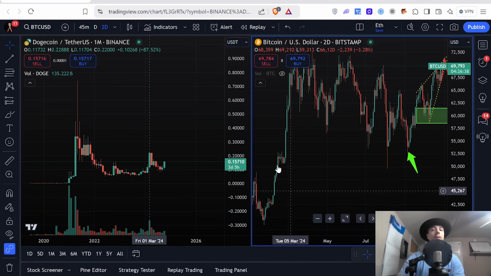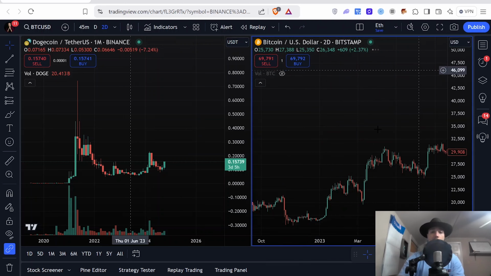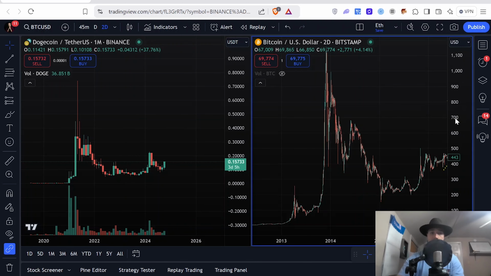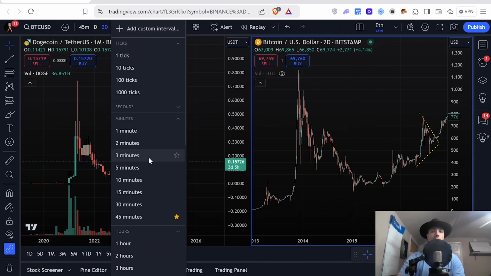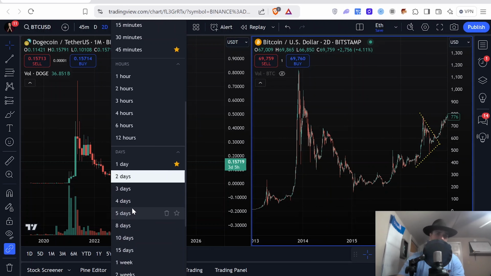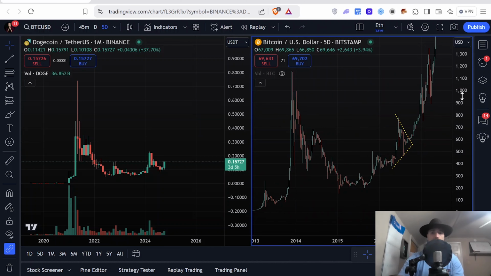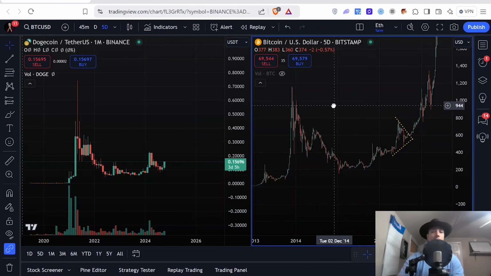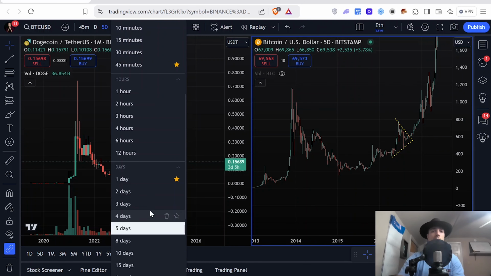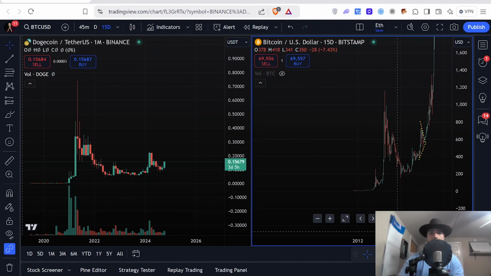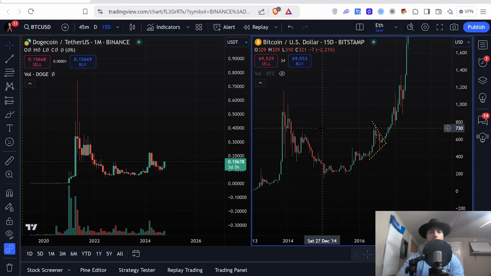Let's go back to 2015 on Bitcoin and take a look at the market structure. So we have Dogecoin over here on the left, and Bitcoin over here on the right. Let's zoom out a little bit further so we can get a better view of Bitcoin. Okay, perfect.